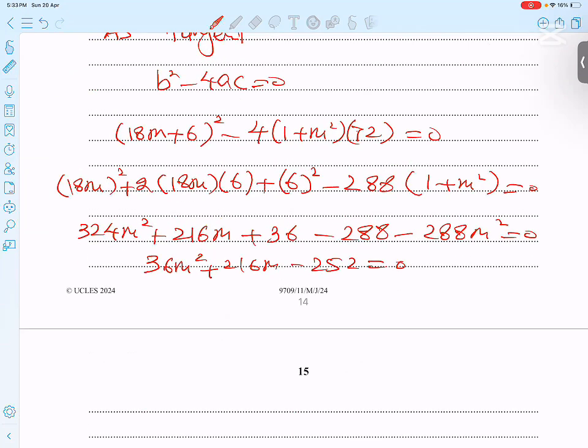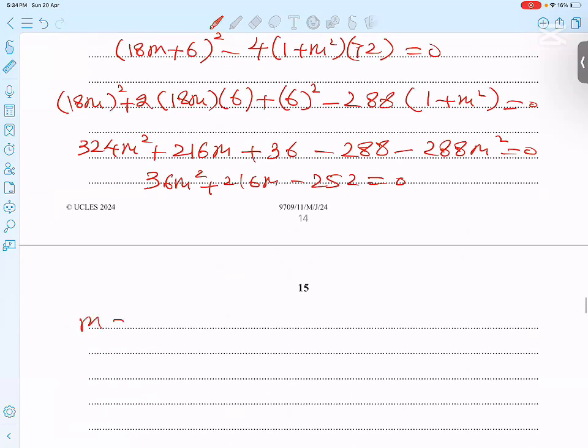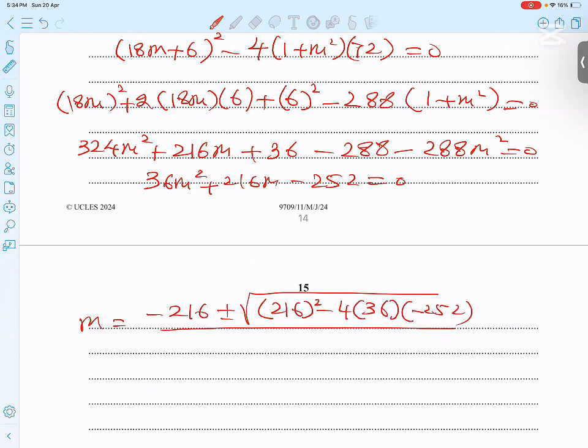After this, what to do? I can divide by a common number or I can directly apply the quadratic formula: negative b plus or minus the square root of b squared minus 4ac, divided by 2a.